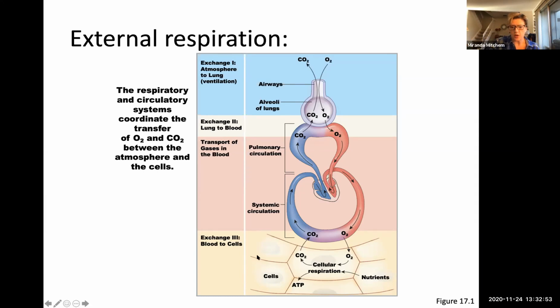And then we can also work it going backwards, just in opposite orientation. Or, I shouldn't say backwards, completing the circuit. Here we would be looking at a different gradient. It would be the gradient of carbon dioxide, which is going to be highest in the tissues, in the cells that are using it for cellular respiration.